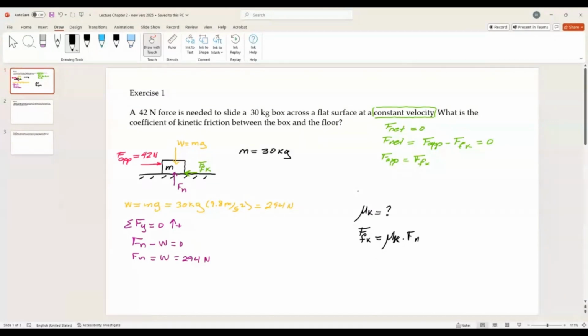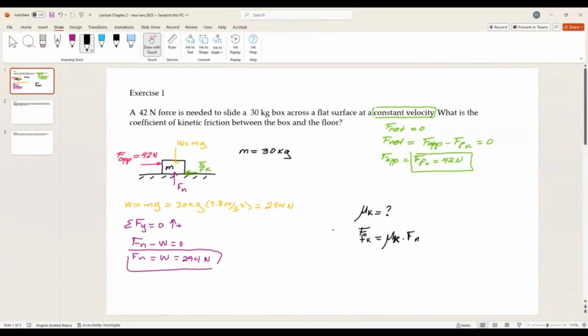Well, we know the force of kinetic friction because it's equal to the force that we apply, which is 42 newtons. We know the normal force that is equal to the weight, 294 newtons.